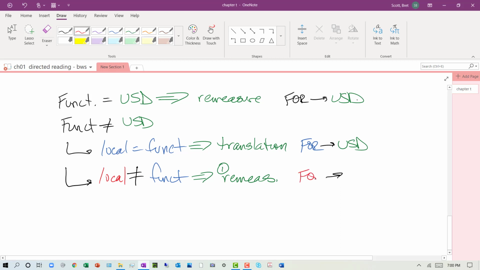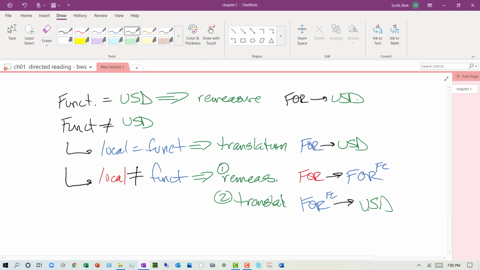First step is remeasure. Foreign to foreign. Yep. Where foreign here is the functional currency. Then, step 2, translate. Foreign, that's the functional currency, into US dollars. Boom. So keep that in mind as you're going forward and doing your homework and your quizzes.